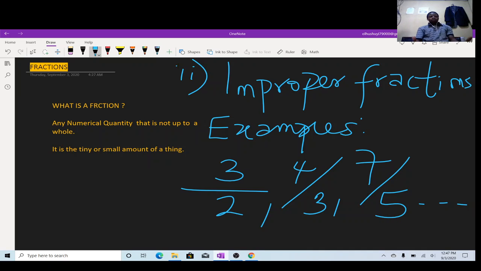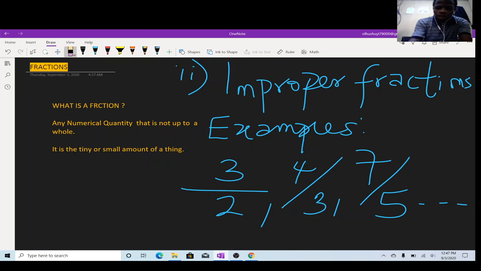Can you see the examples of improper fractions? These are examples of improper fractions because the denominator is smaller than the numerator. Therefore, it is improper. So if I give examples of different types of fractions, you should be able to categorize them based on proper and improper fraction.